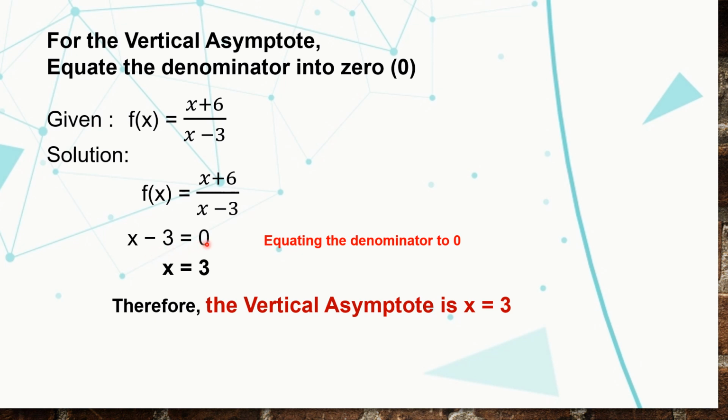So solving for x, just transpose negative 3 to the other side of the equation. So, negative 3 now will become positive 3. So, our x now is equal to 3. Therefore, the vertical asymptote is x equals 3.